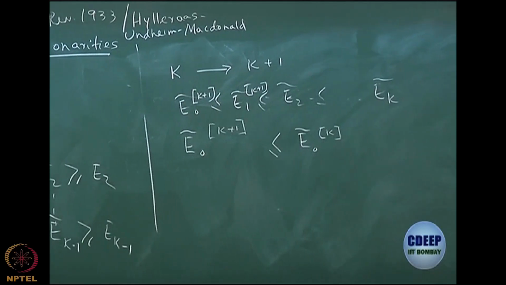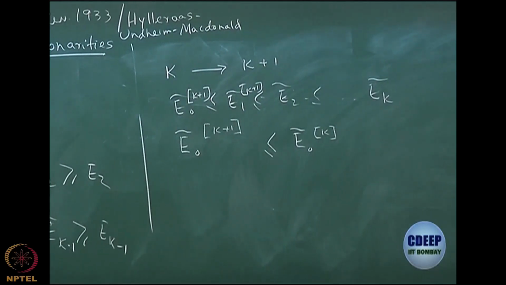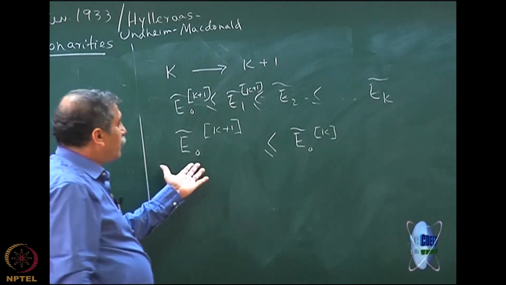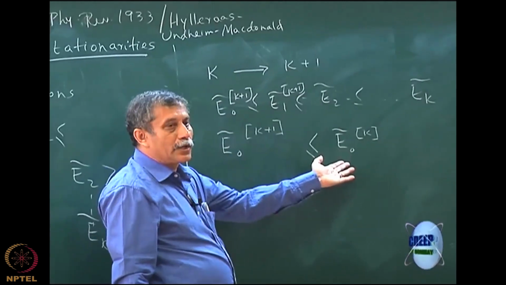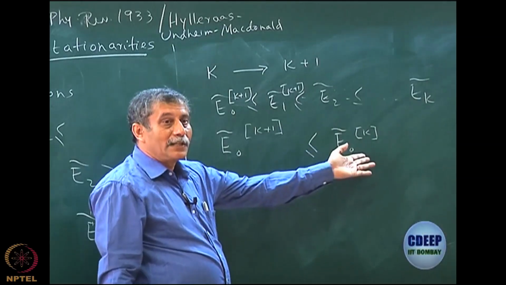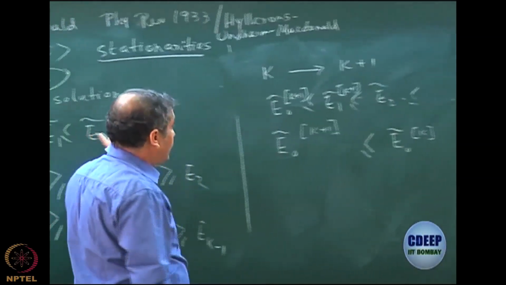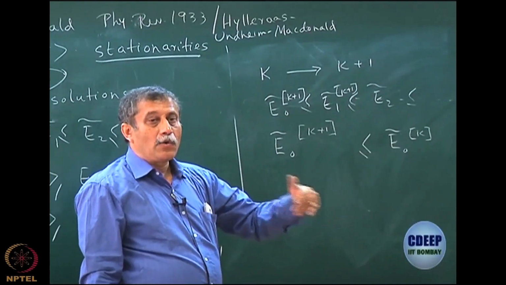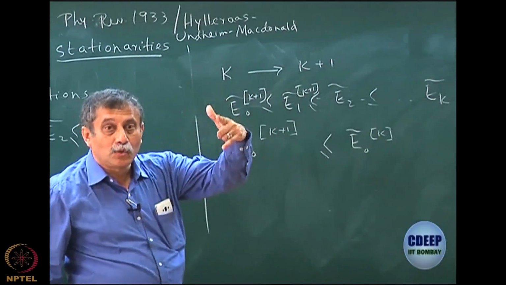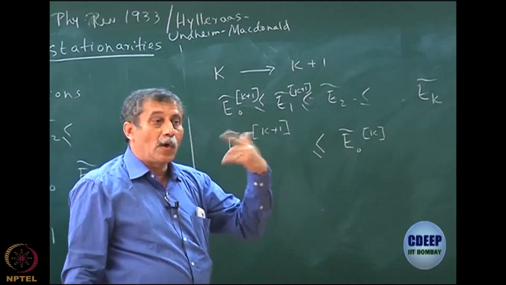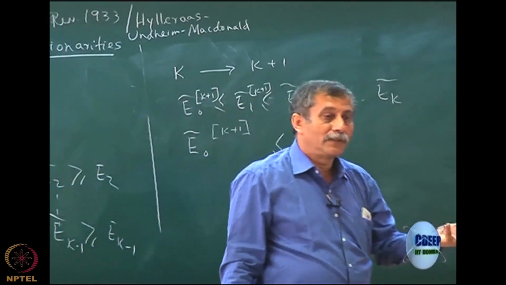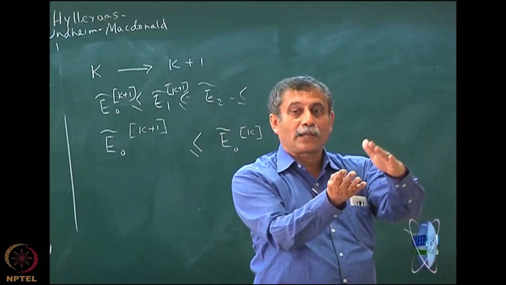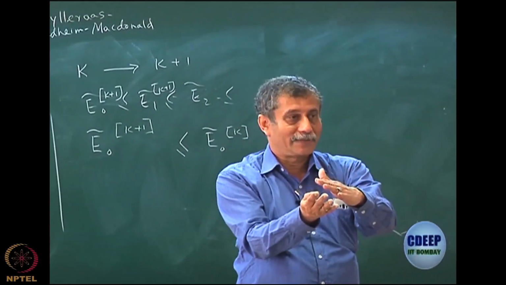So in a k plus 1 dimensional basis, the corresponding solution that I am going to get after stationarity will always be less than or equal to E naught tilde with the previous basis. So adding a basis only lowers the energy. And you already know from theorem 2, Rayleigh's variation principle, lowering the energy is very good, because it is bringing me closer and closer to the ground state.